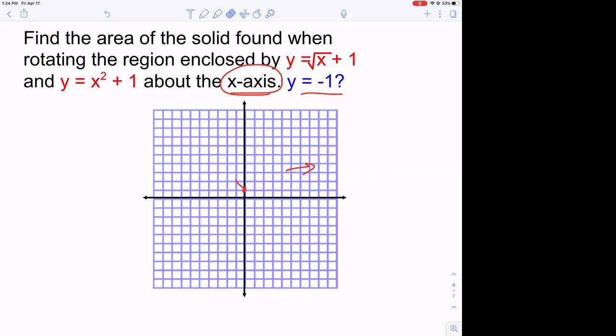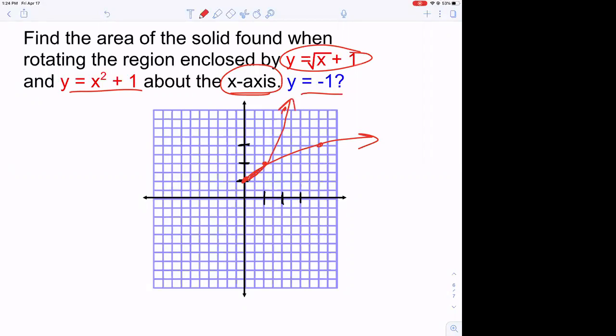I might enlarge this a little bit just to help us out here. Let's make this one and this one, etc. So that first one is a root graph that goes up 1. So it's a root graph, and it looks like this. The other one is a parabola, so it starts here and it looks like this.